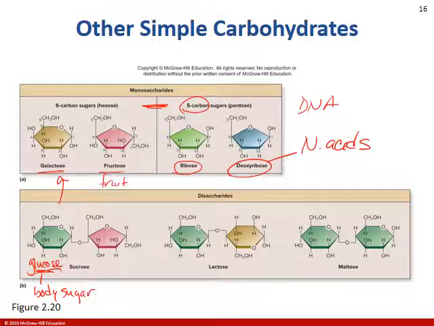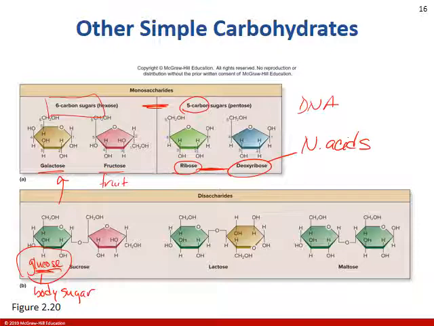Every single one of those four macromolecules has carbon in it. So we're going to see these ribose and deoxyribose when we talk about nucleic acids. Their backbone is still sugar. They are 5 carbon sugars instead of 6, which glucose is.